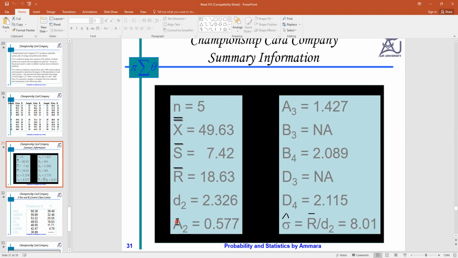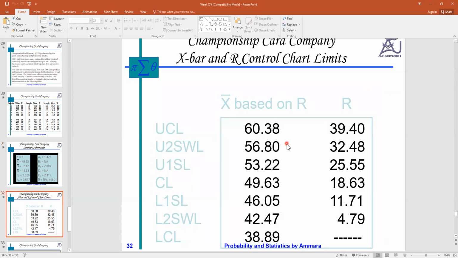We need the table values of A2, D3, and D4 to construct the control limits. When we calculate, the results are: upper control limit is 60 for X bar and 39.4 for range. The central line is 49 for X bar and 18.6 for range.